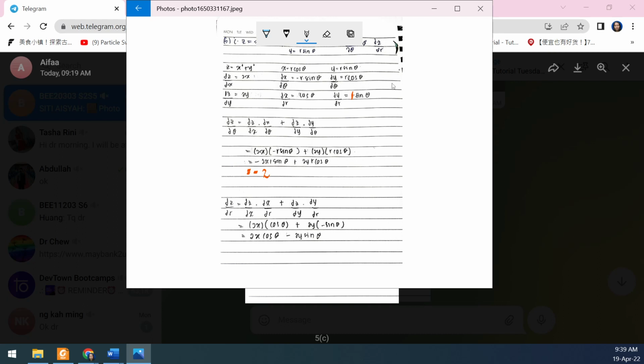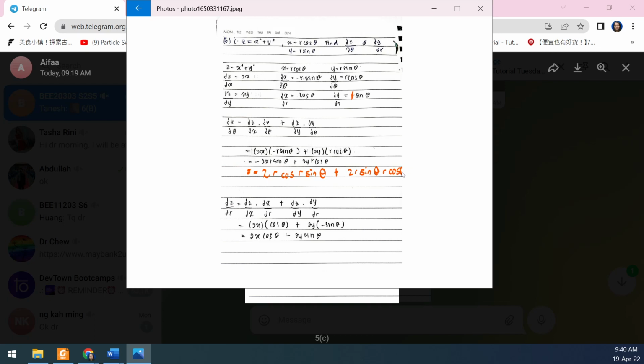X is r cos theta, so substitute, and you get r sin theta. And then y is r sin theta, then r cos theta.